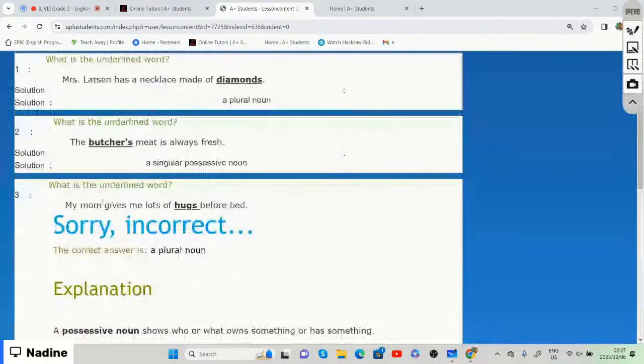And then my mom gives me lots of hugs before bed. So look at the word hugs. Is that a singular possessive, plural possessive, or plural noun?